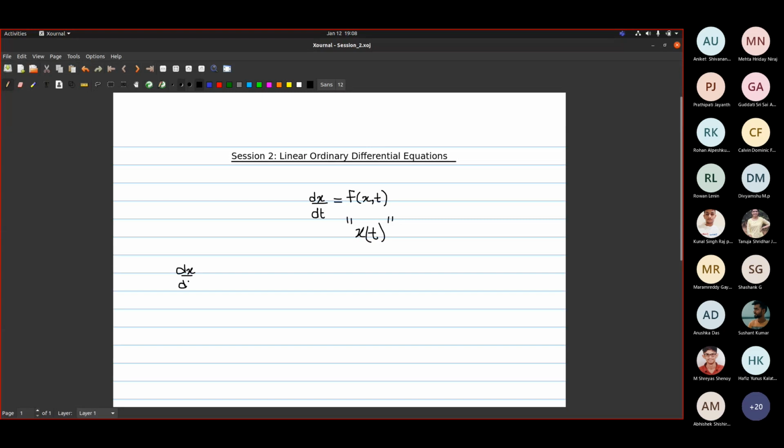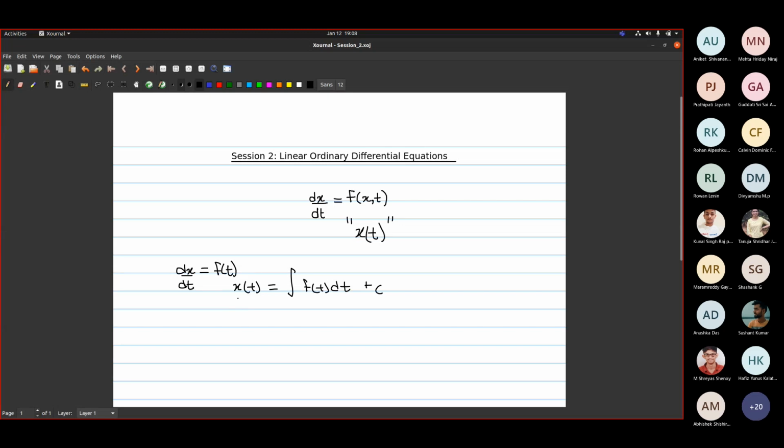Let's take this equal to f(t). The solution becomes very easy: x(t) is just the integral of f(t) dt, and if you've been given an initial condition, you can also find the constant c.